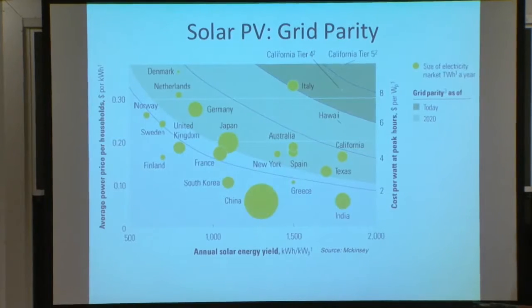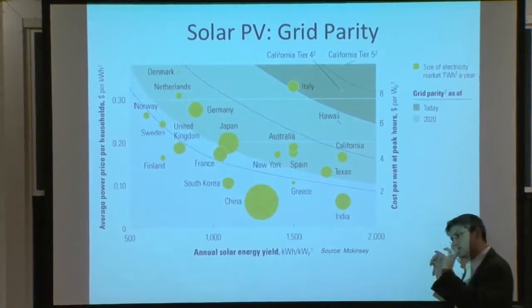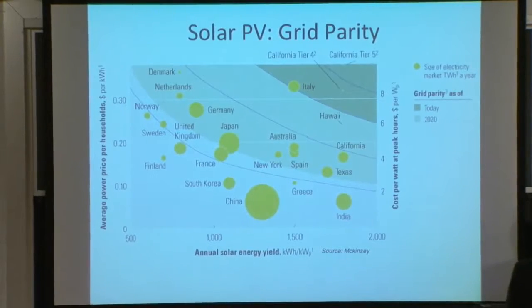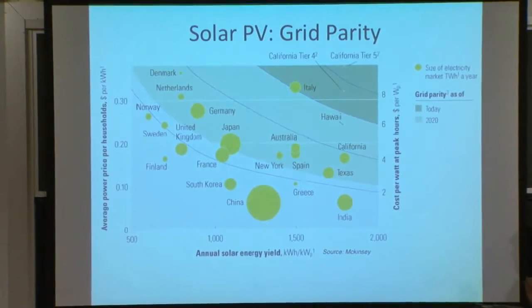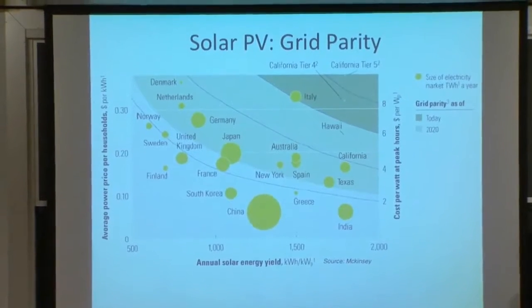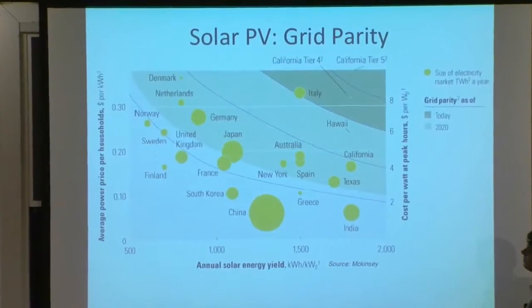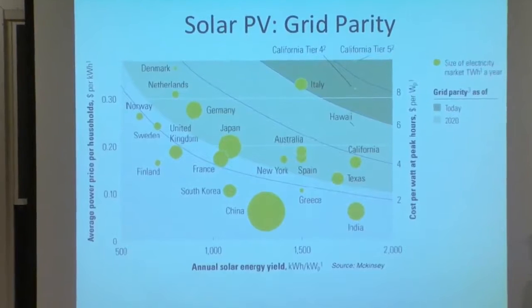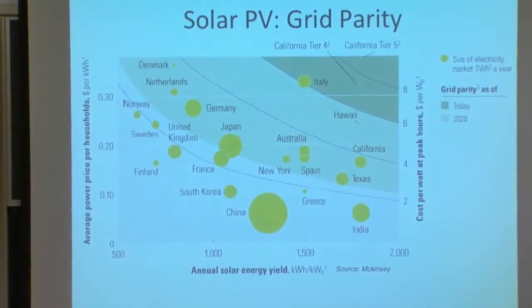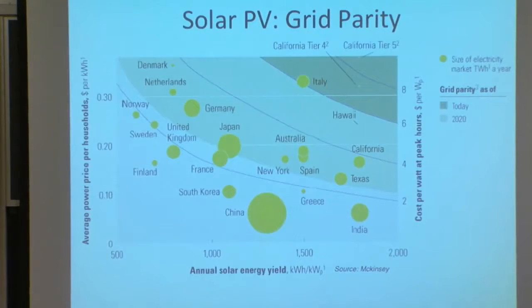Now, you got to look at it a little bit more carefully. Sometimes you see these broad brush statements, but the issue here is one of grid parity. So it's about the cost of the electricity where you are. And that is quite variable, right?